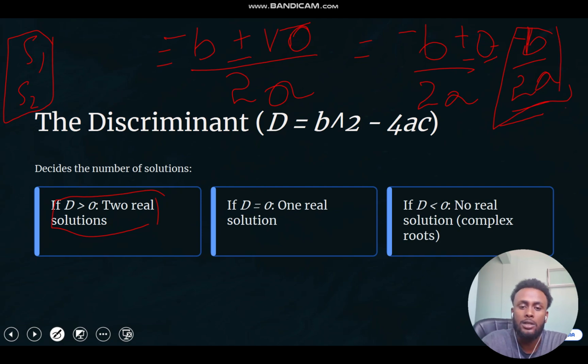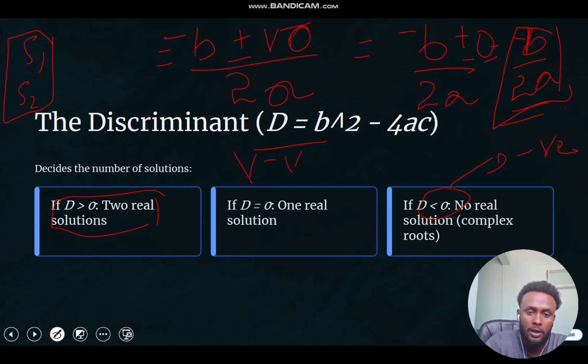And the third case is when d is less than 0. In this case, the discriminant is negative. So we have minus b plus or minus the square root of a negative number, divided by 2a. The square root of a negative number is not a real number.